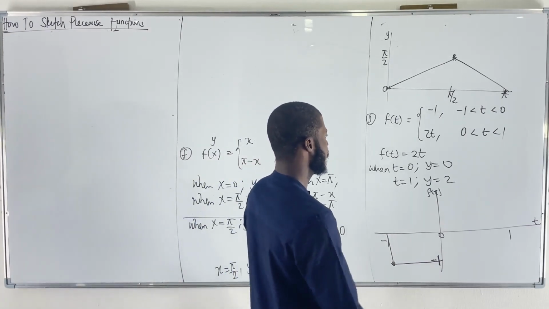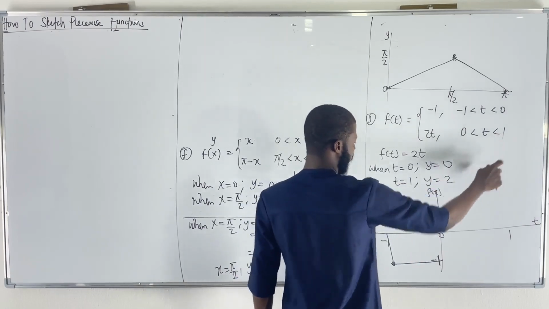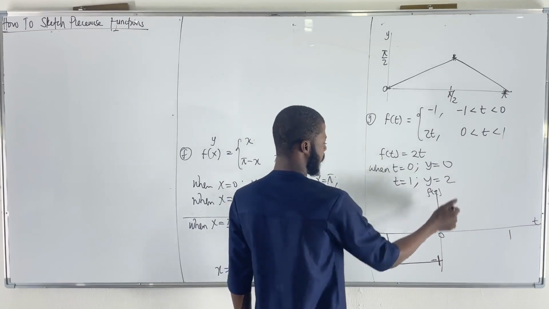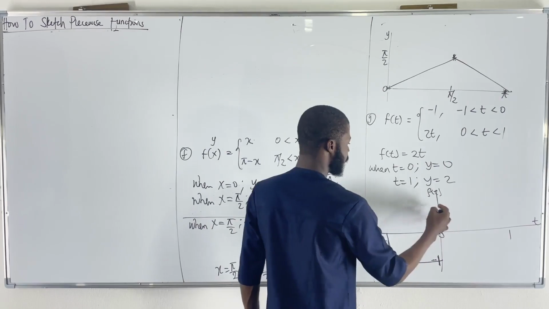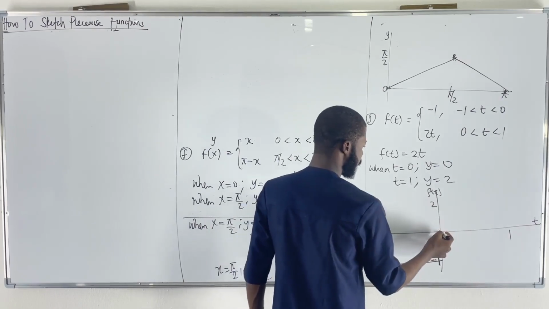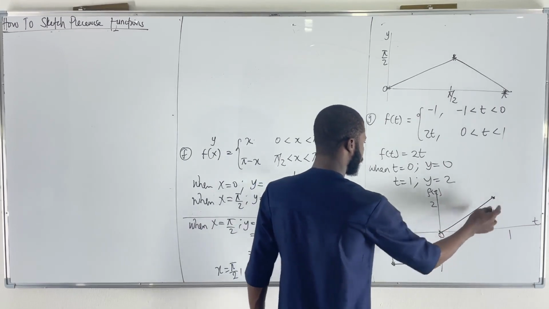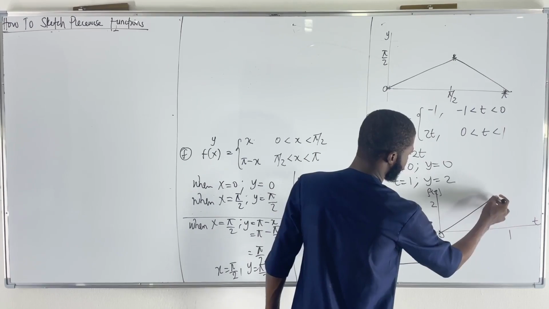Then next, from 0 to 1, we notice that the origin was included, 0, 0. And then when t was 1, y was 2. So let me put 2 here. It's going to be like this. Okay. So that's just what it's going to be.